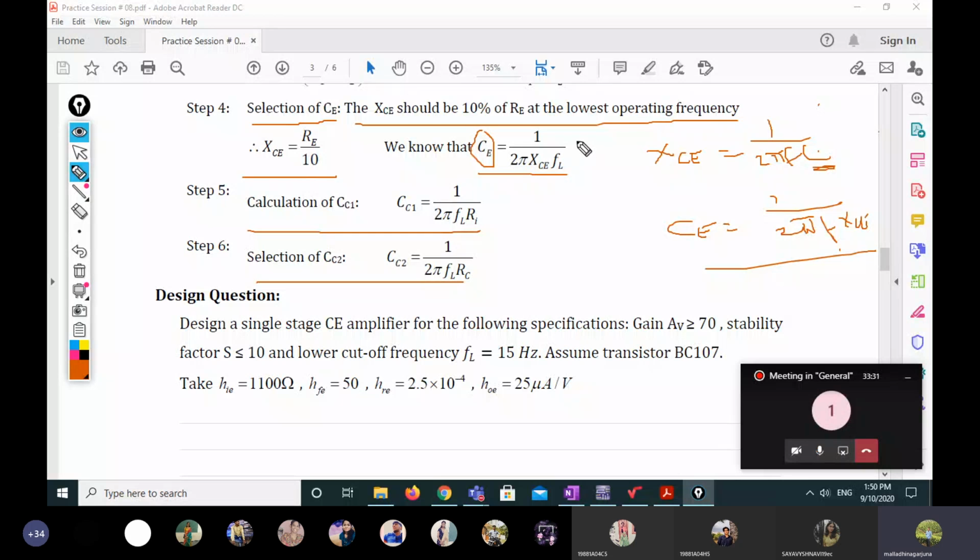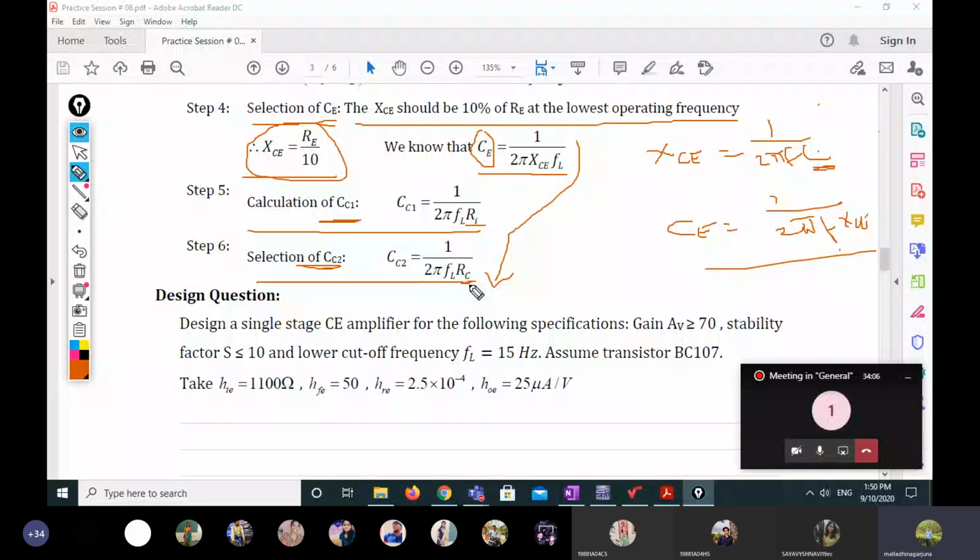So these three formulas are the same: 1 by 2 pi FL is common. For the bypass capacitor it is across the RE resistor, for the input capacitance it is the input resistor, and for the output capacitance it is the output resistor.